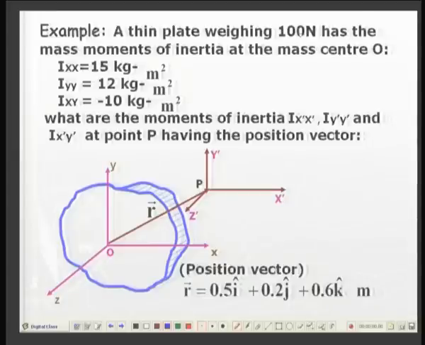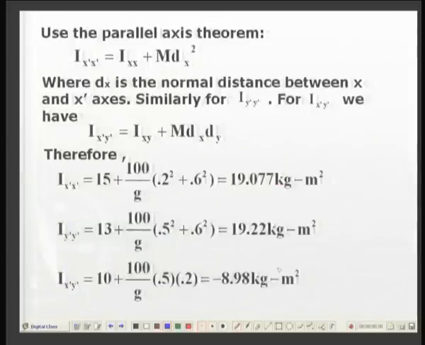Then the normal distance between the two axes will be by Pythagoras theorem, the z coordinate square plus y coordinate square of the point P. So this is exactly what we have done: 100 by g times 0.2 square plus 0.6 square. This comes out to be 19.077 kilogram meter square.